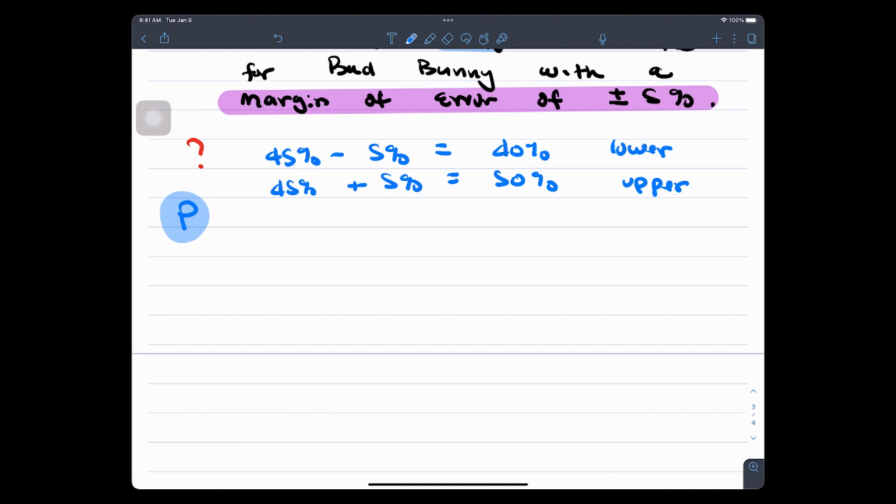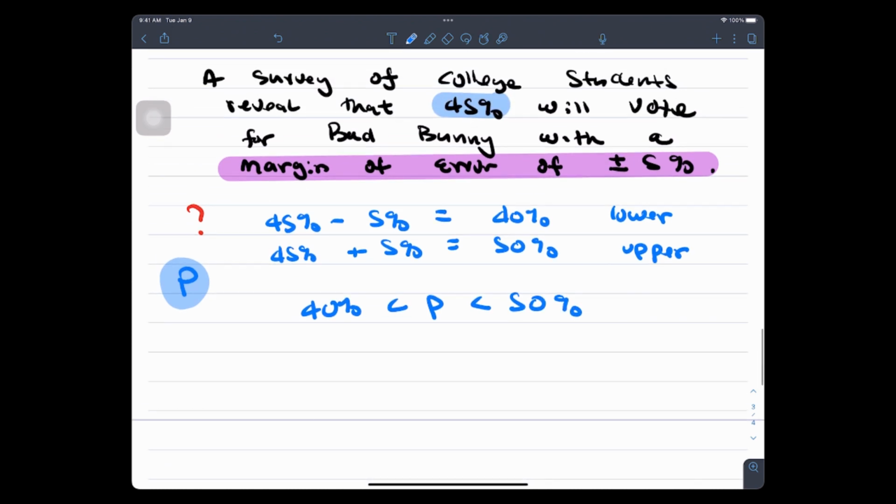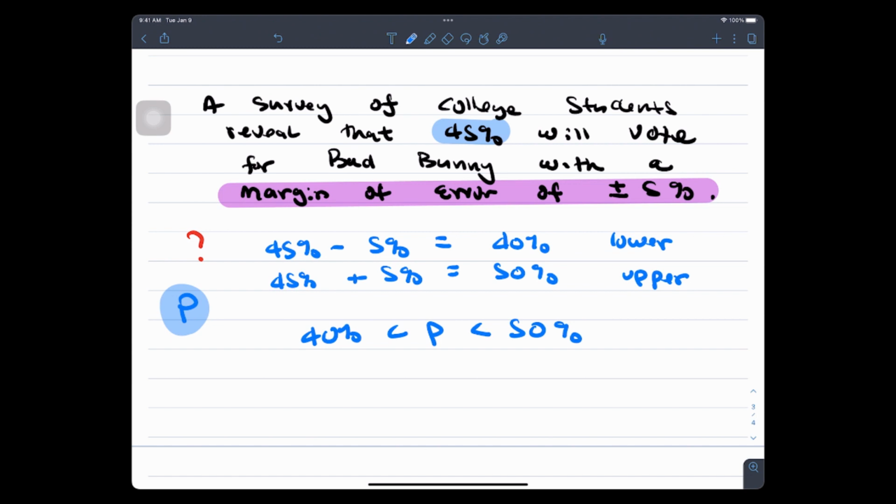So what they're really saying is this to you. The true proportion who will vote for Bad Bunny is somewhere between what? 40 and 50 what percent. That's what they're communicating to the general public. They expect the general public knows what this means.